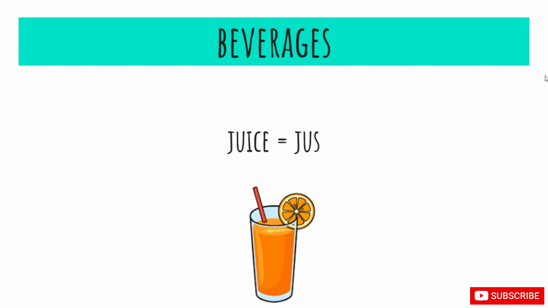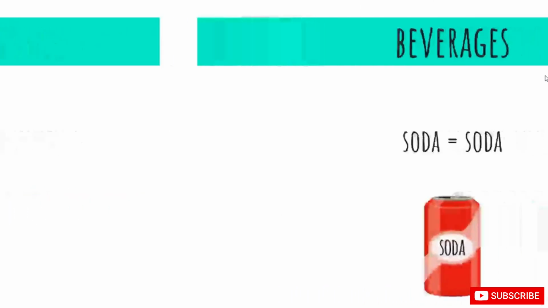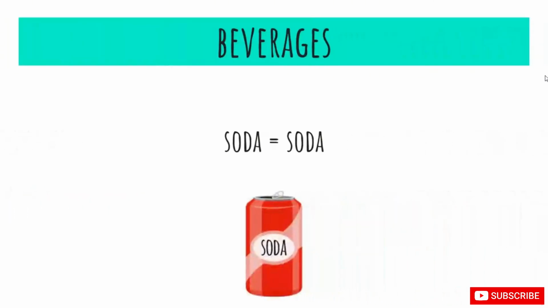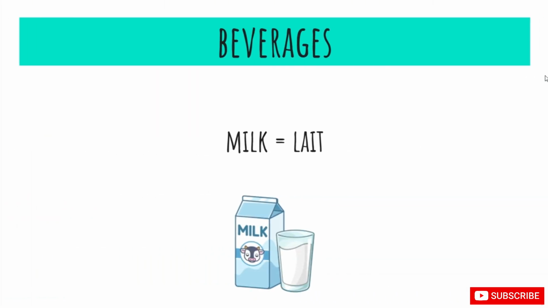So we don't pronounce the S at the end, it's simply jus. Soda, exact same thing, soda. Milk, lait. So we don't pronounce the T at the end, lait.